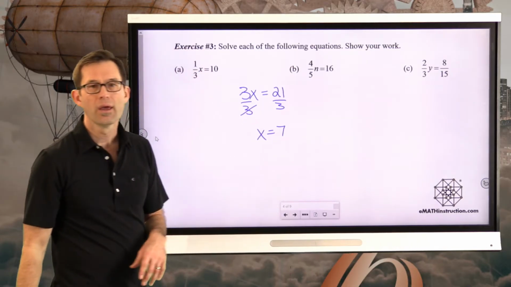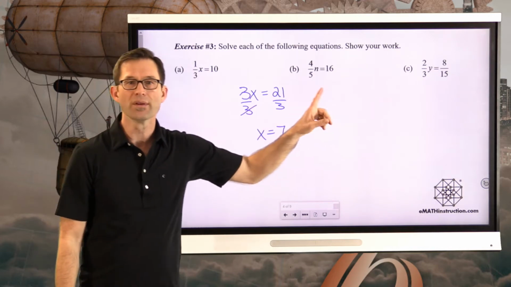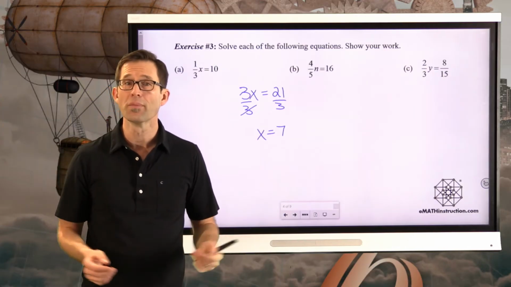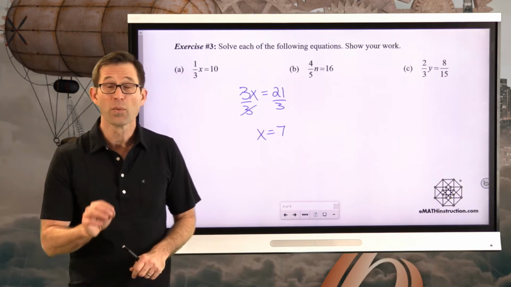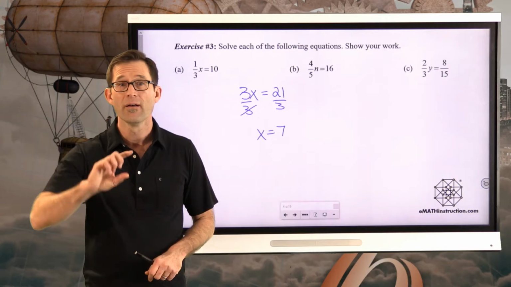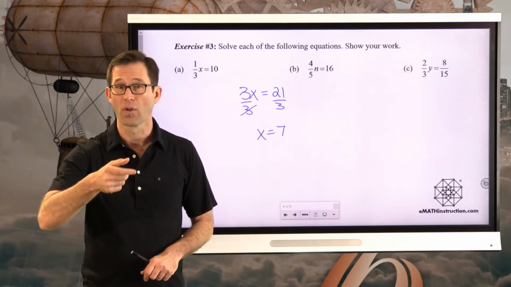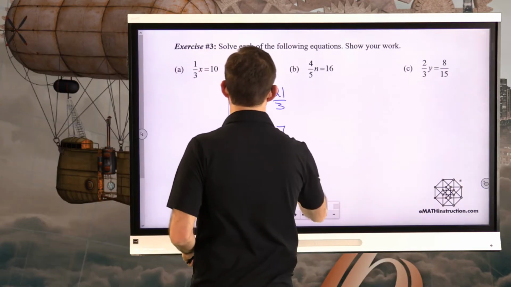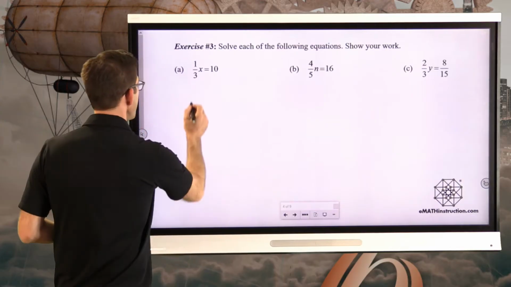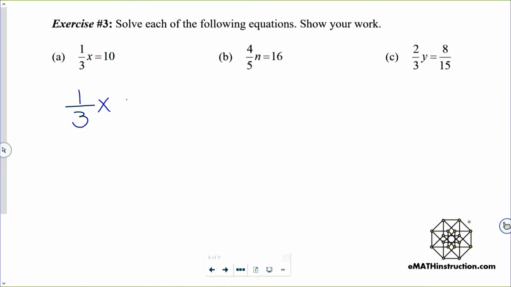But if you notice, in each one of these cases, the number that's multiplying the variable is a fraction. And dividing by a fraction is, of course, a little bit uglier, but we know how to do it. In fact, we learned how to do it in this course. Remember that when you divide by a fraction, it's the same as multiplying by the flip, or the reciprocal of the fraction, right? So when I look at this particular problem, 1/3 times x equals 10, well, really, I should be saying to myself, all right, I'm going to divide both sides by 1/3.